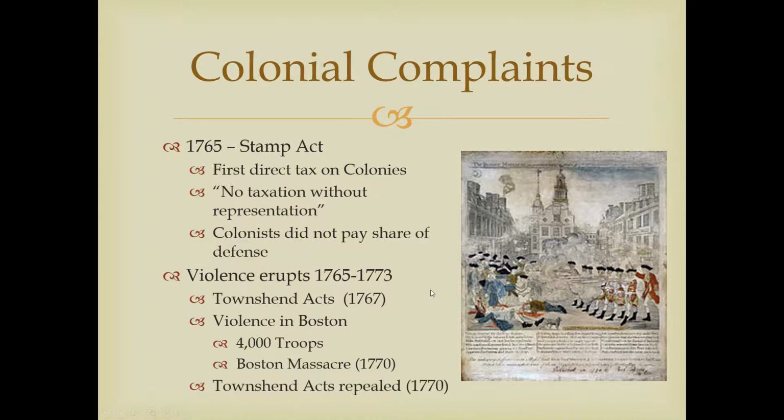So by 1770, you have the repealing of the Townshend Acts, and they no longer have taxes on goods. They don't have protections for trade except for one item, tea. And so you have tea still being taxed and very heavily regulated by Britain at this time.